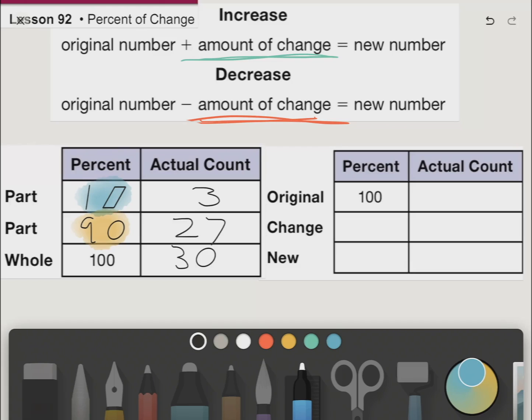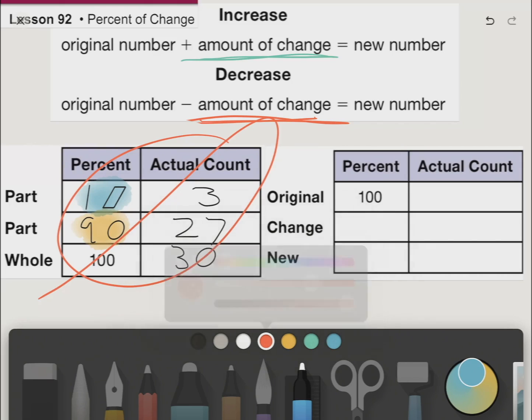Now, this is not the lesson we're talking about. This is the type of lesson that we've been doing. But what we're doing this time is taking an original amount and applying a certain amount of change and figuring out what the new conditions are.